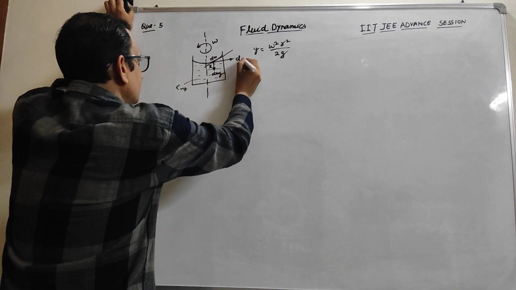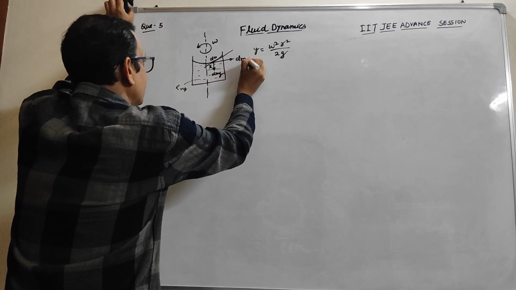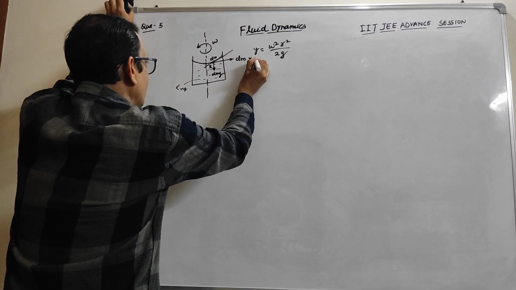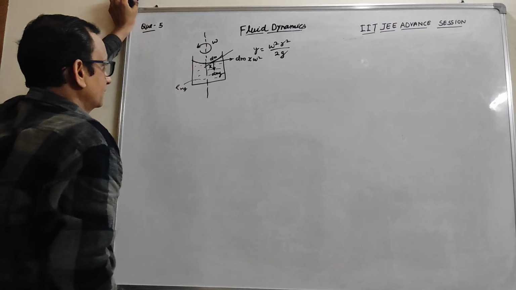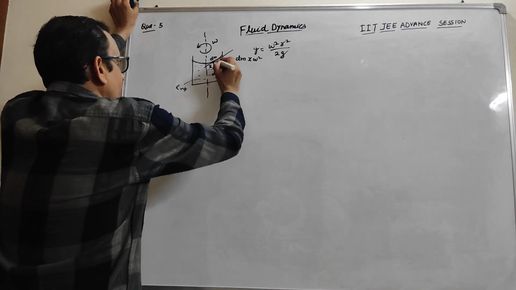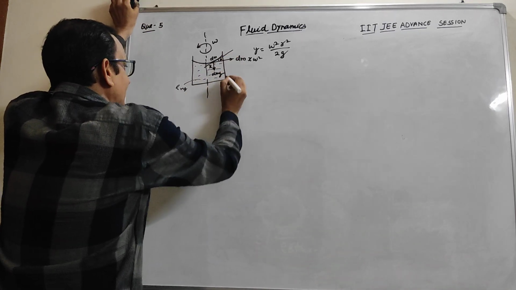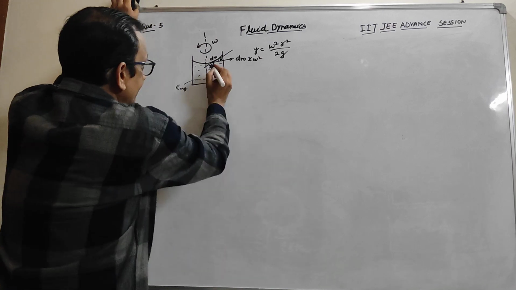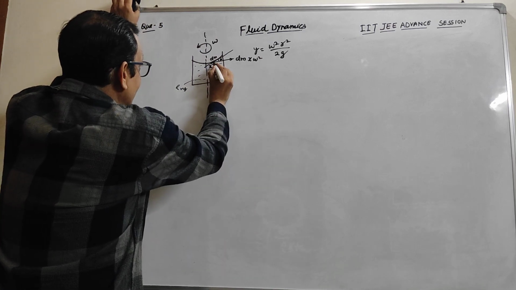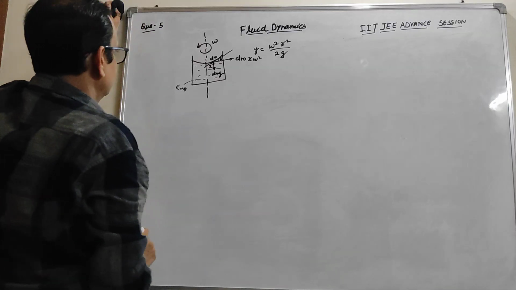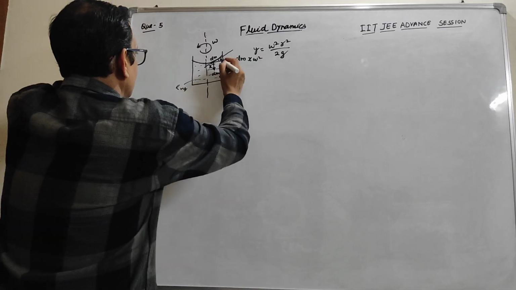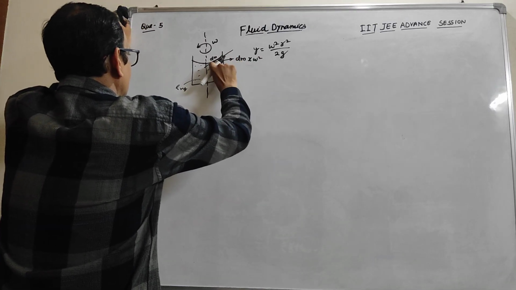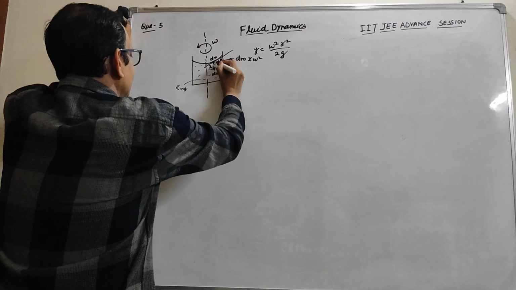So this becomes dm x omega square, the centrifugal force, and we take the components. Let this angle be theta, so this angle is 90 minus theta.